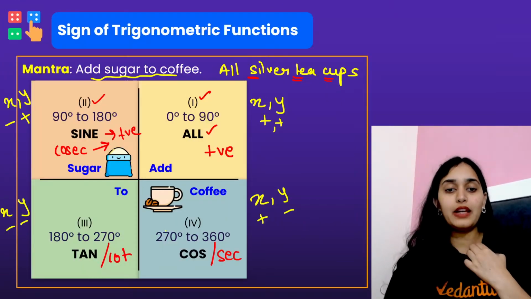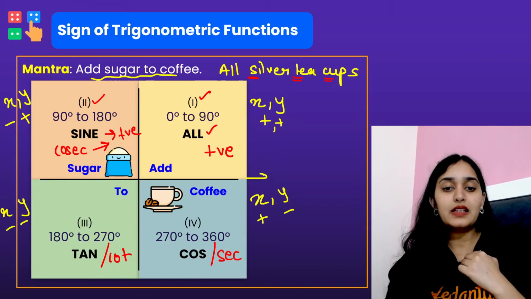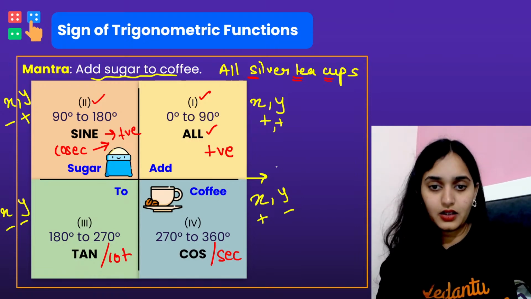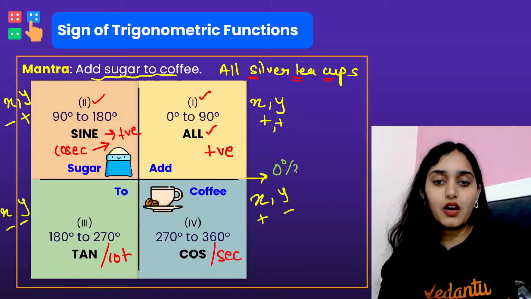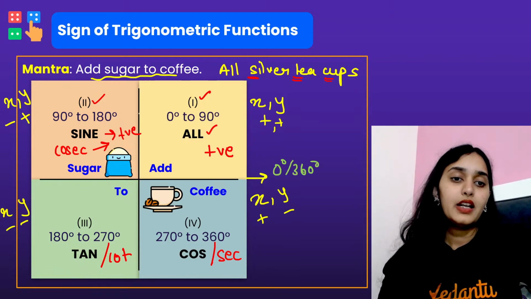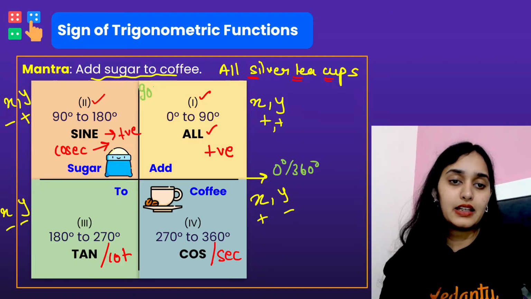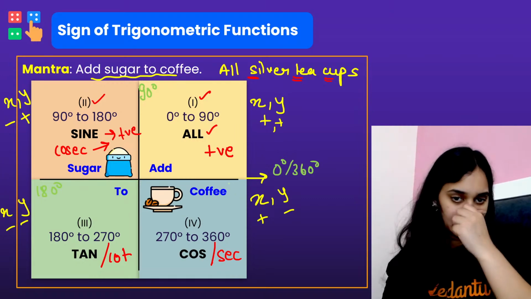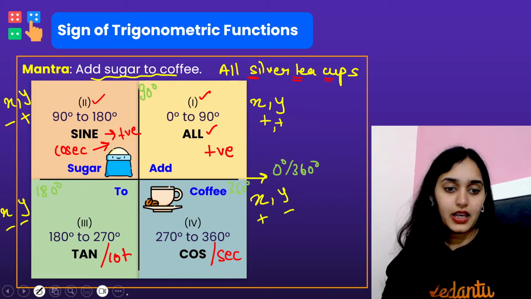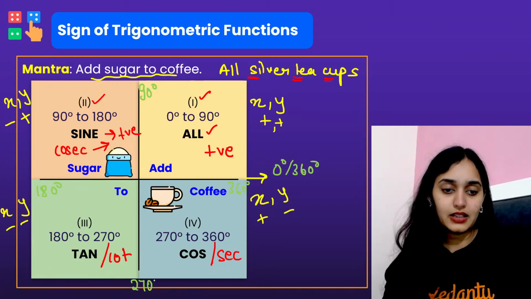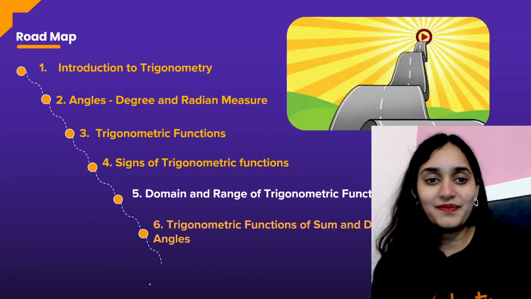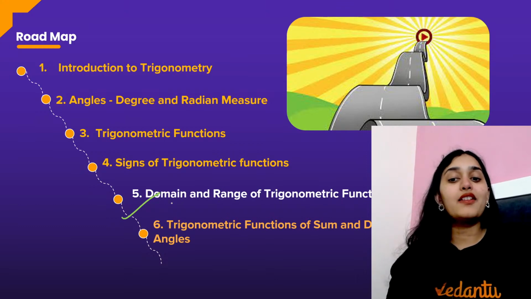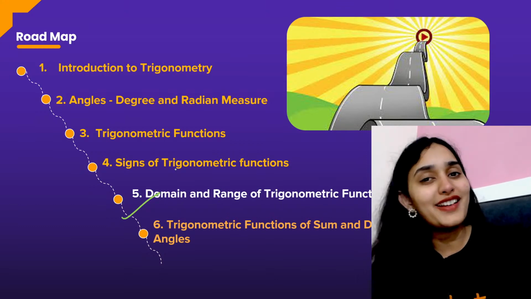So if you look at this diagram also, this basically denotes 0 degree or 360 degree. Here it is 90 degree, here it is 180 degree, here it is 270 degree. Okay.